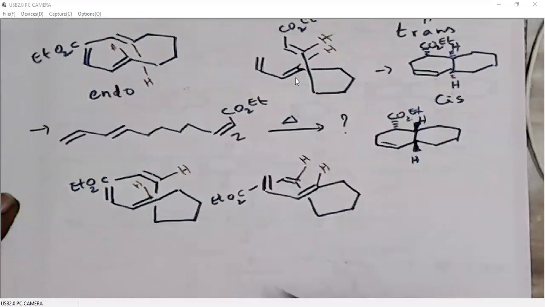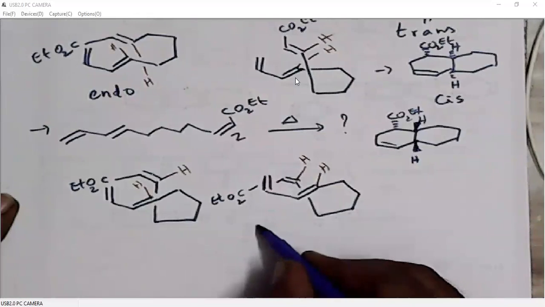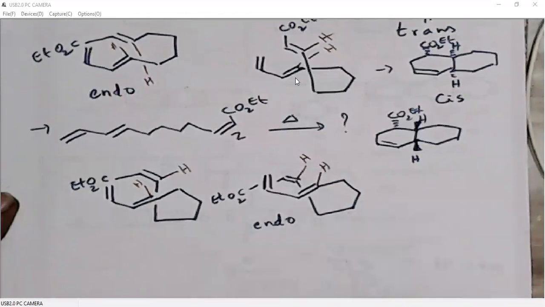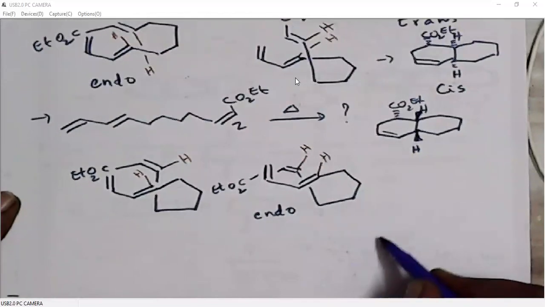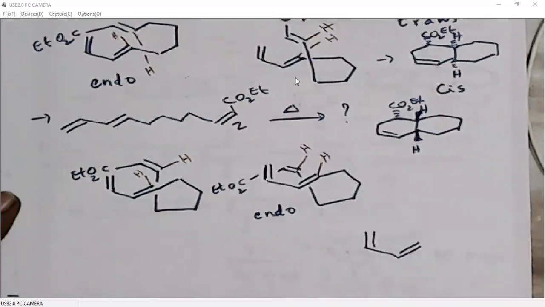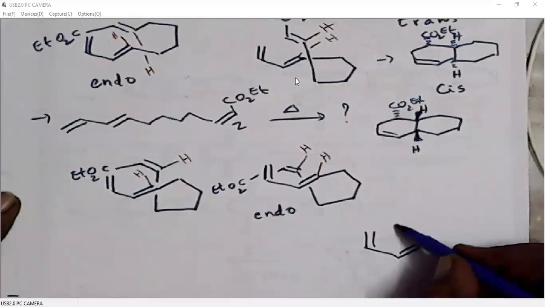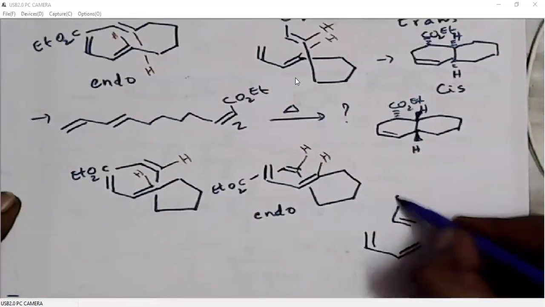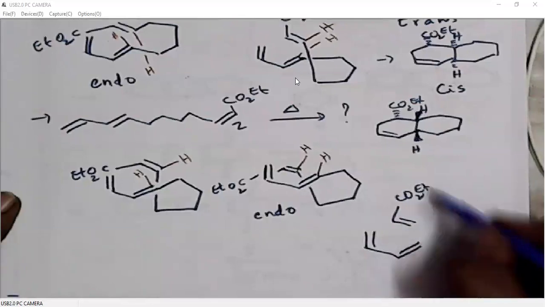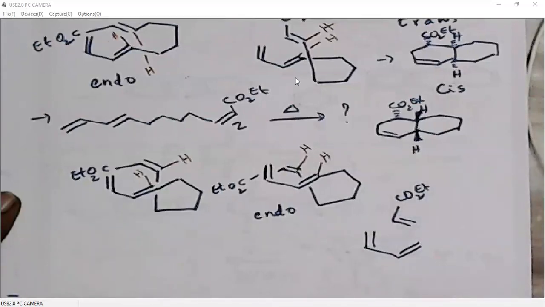But if it doesn't follow the endo rule, then what do we do? I'll write the conformation again without the endo rule. So first write the diene, then the dienophile. Because it doesn't follow the endo rule, it must be away from the diene. Then it is a Z double bond, so the ester and the carbon are both on the same side, and we need to write like this.